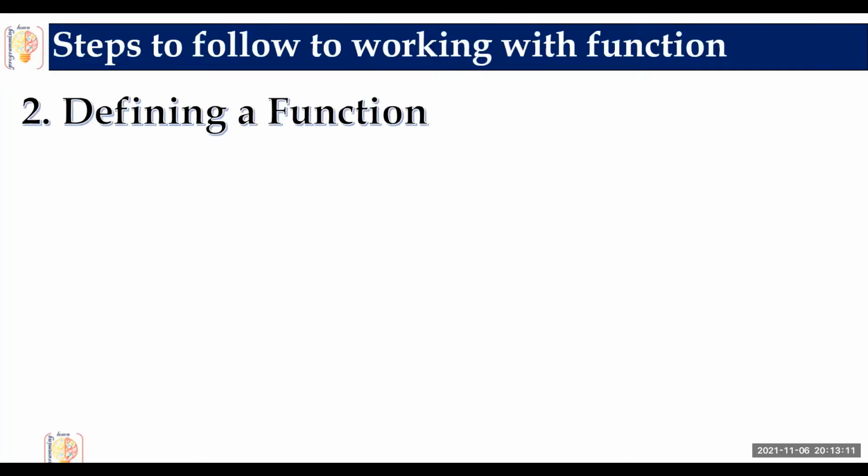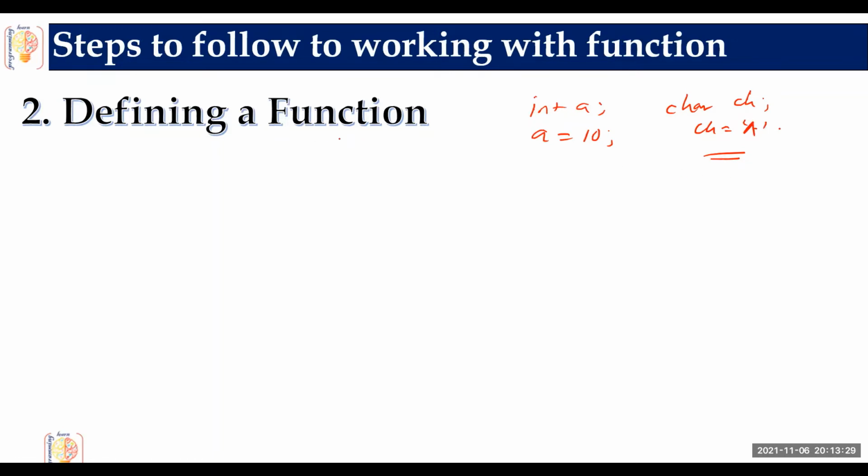Step number 2, defining a function. If you declare a variable, we need to define it with some values. So step number 2 for a function is also the same: defining a function.